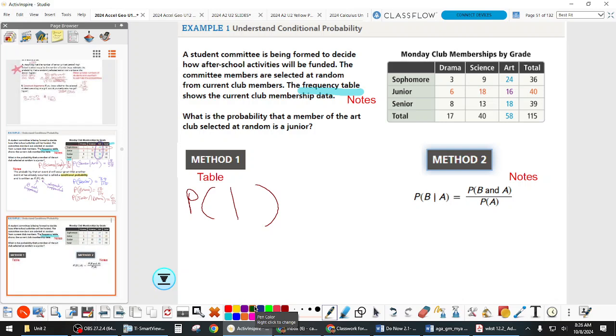Art is M. Do you guys agree? Yeah. How do we know that that goes second? It's pronounced first. Yeah, Nate? This is the known thing, right? So we know the student is in the art club. Okay? And then, of course, this time a junior.